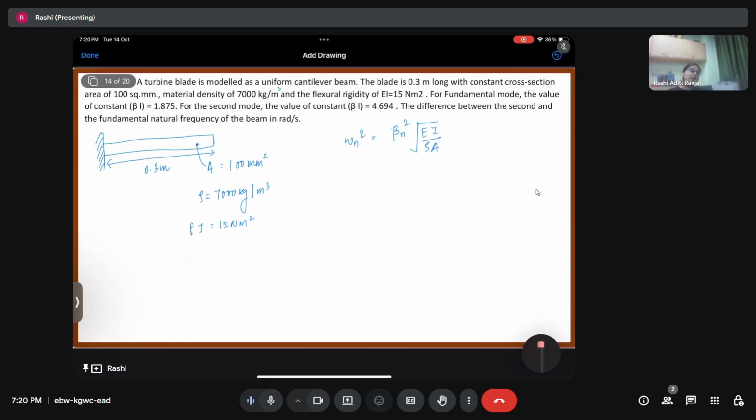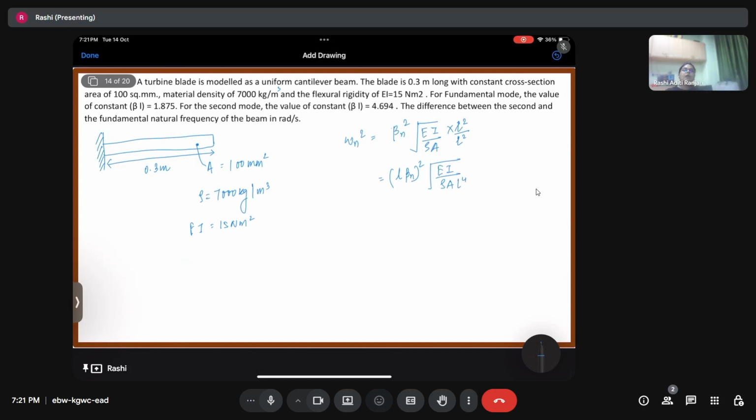Now we have beta into L values, but here we have to use the beta, right? So what we can do is, with this expression, I can multiply and divide by L square. This is going to give us omega n equals beta n L square under root EI by rho A L to the power 4.